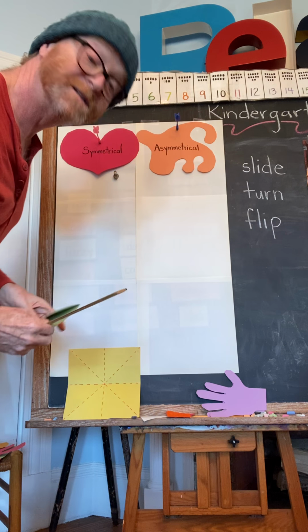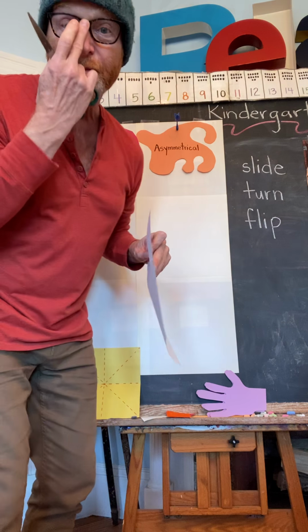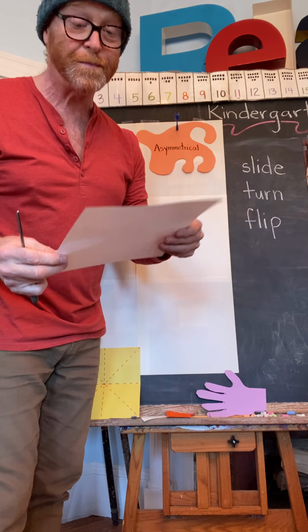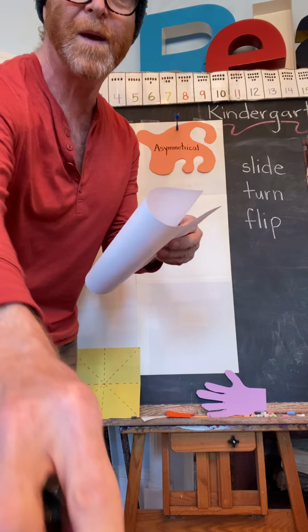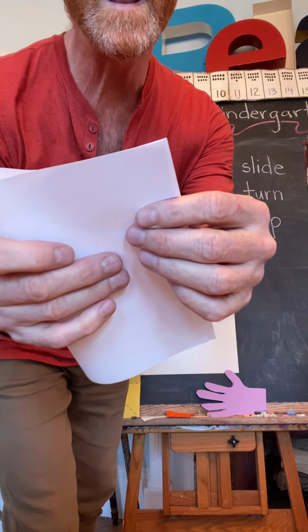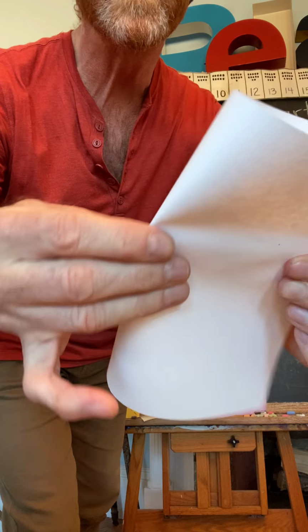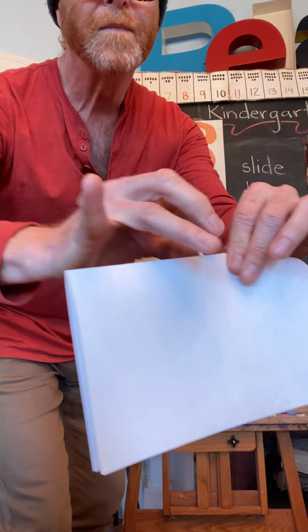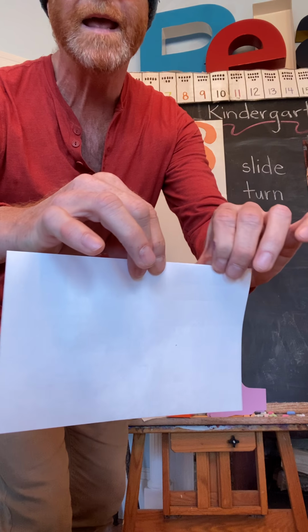All right, so I'm going to ask you to make some symmetrical shapes. And the best way to make some symmetrical shapes is to take a piece of paper and fold it in half. I'm going to line up the corners and slide my fingers across. And I like to use my fingernail to get a nice crisp edge.